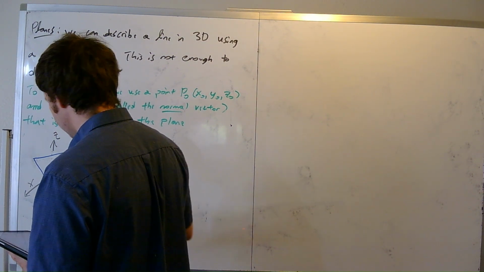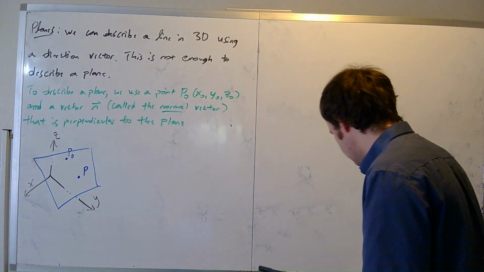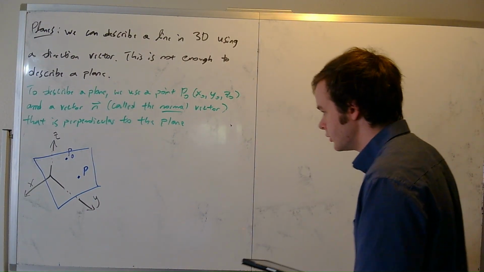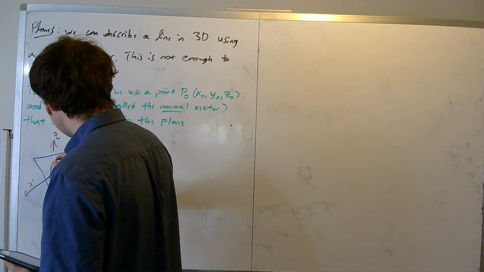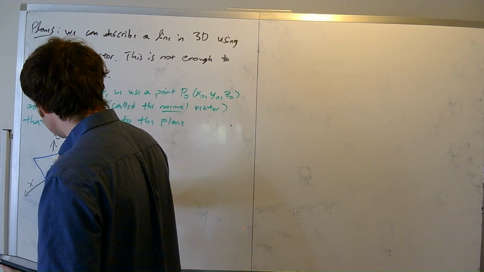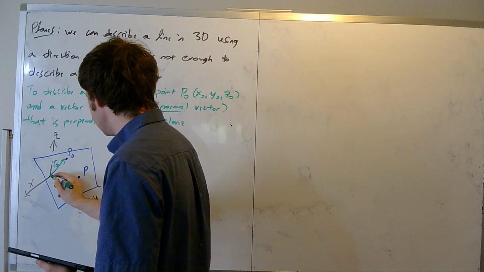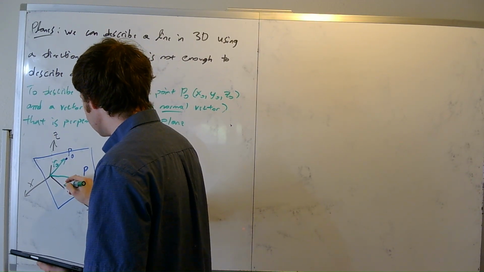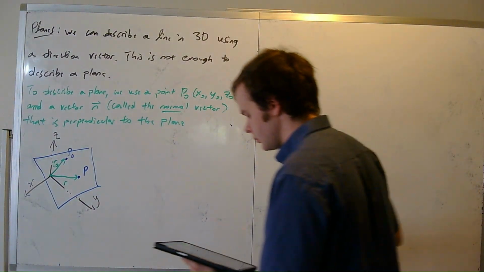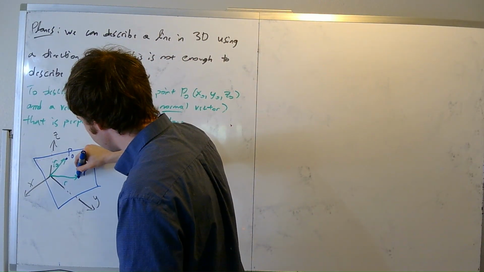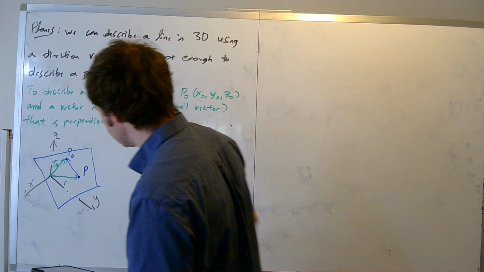We're going to call it P. And we can draw the vectors that we were drawing earlier. Remember this vector from here to here, that was R0. And the vector from here to here, that was R. And we can draw a vector between these 2 points like this.